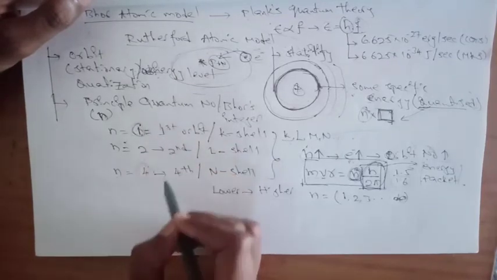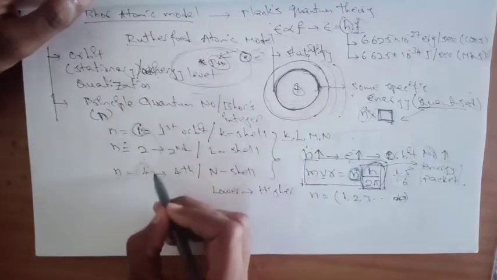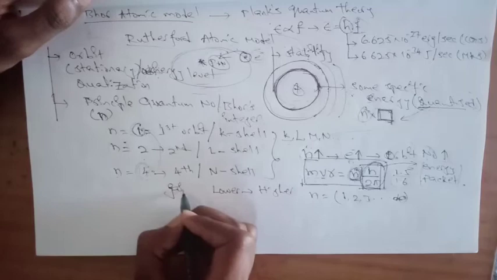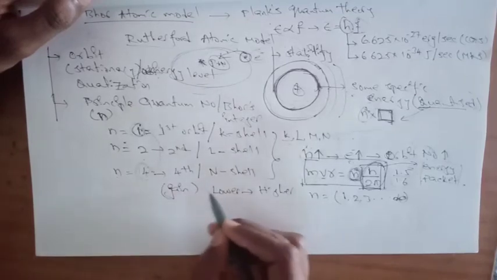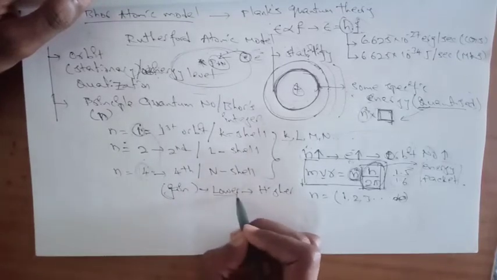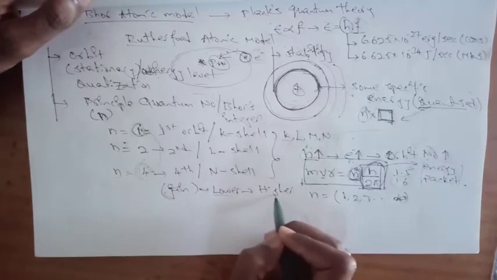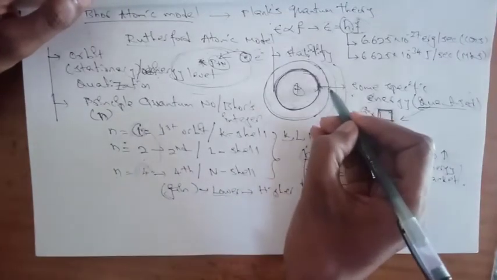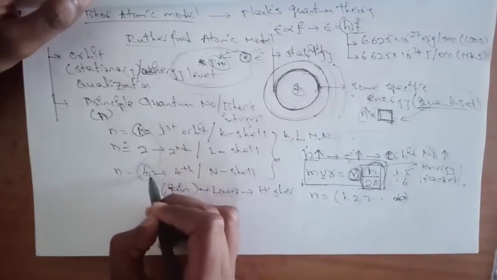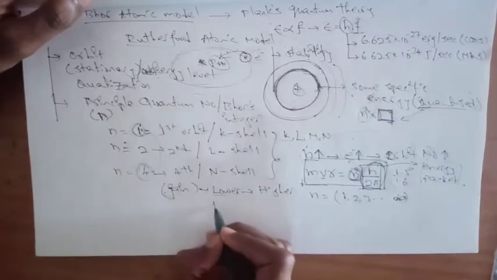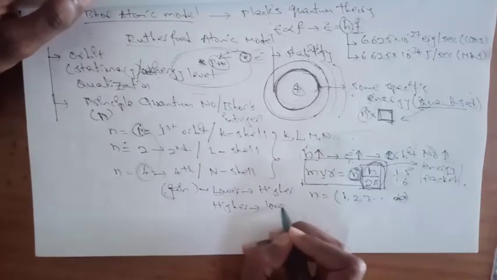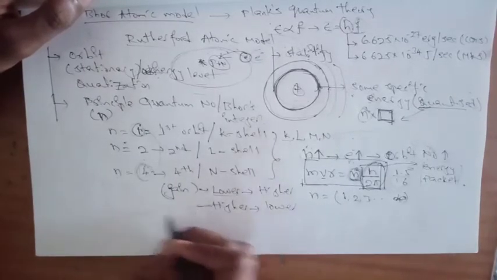In order to do that, it has to gain energy to jump from the lower orbit to the higher orbit. If the electron wants to jump from the fourth orbit to the first orbit, that means higher orbit to lower orbit, it needs to lose energy.